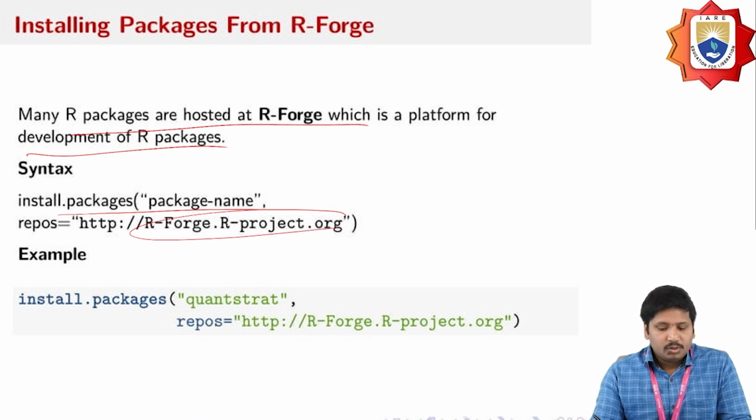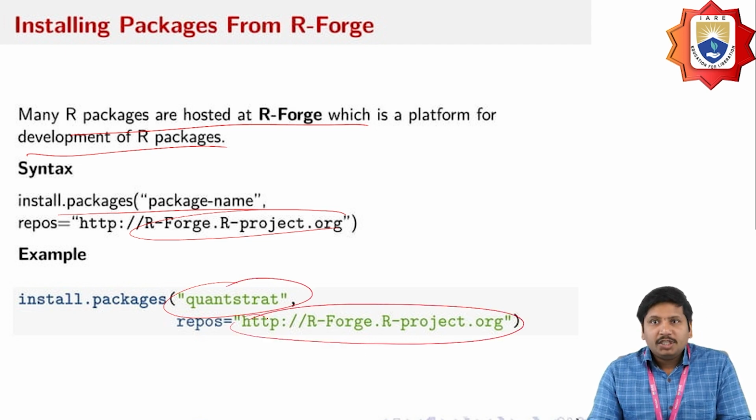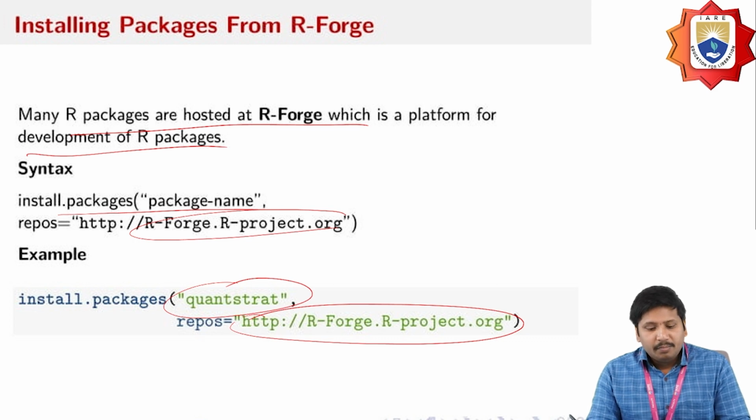So for example, install.packages, and the repository is rforge.rproject.org. We can install these packages from RForge as well, because many of the R packages are hosted by RForge, which is a platform for the development of R packages.